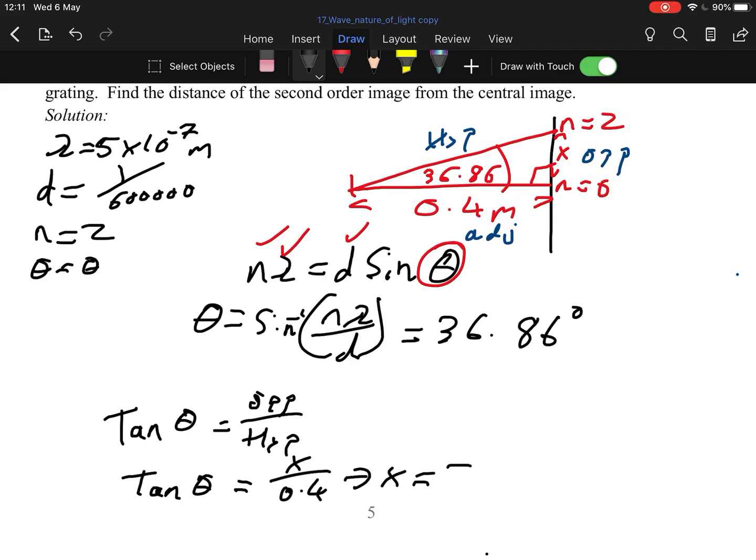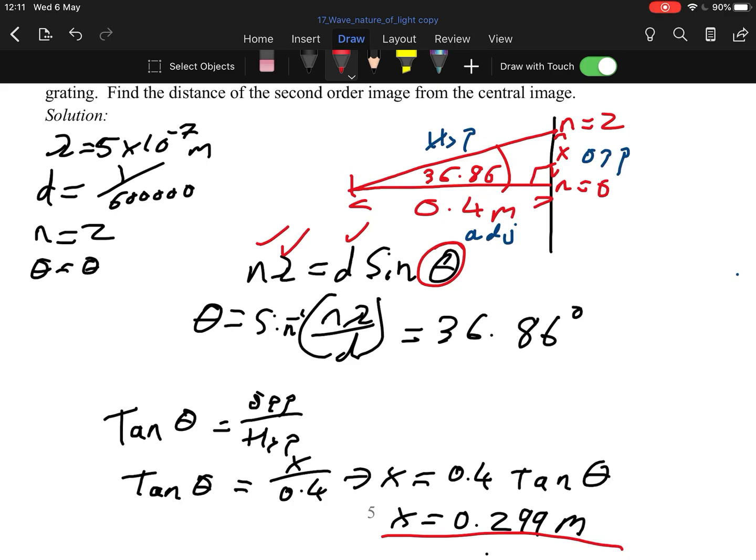So we're looking for x. Fire in your angle, and we should get a distance of 0.299 meters.